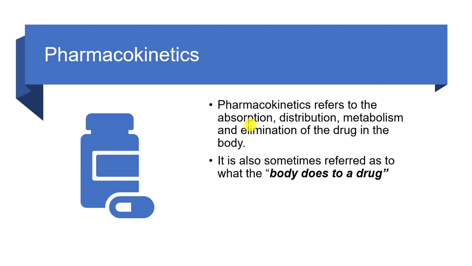Or in other words, we can say that what the body does to a particular drug is called pharmacokinetics. When we take a particular drug, there is some absorption, distribution, metabolism and elimination happening to that drug in the body. This is referred to as what the body does to the drug.